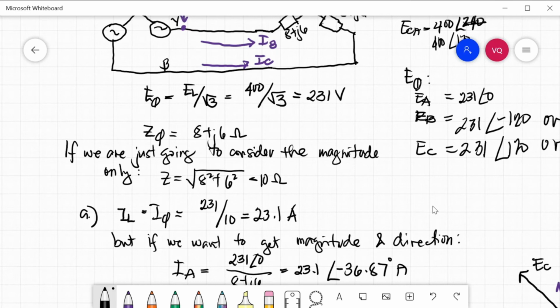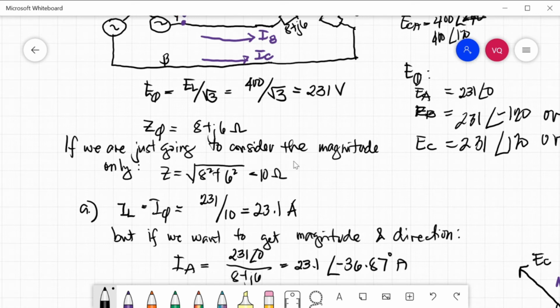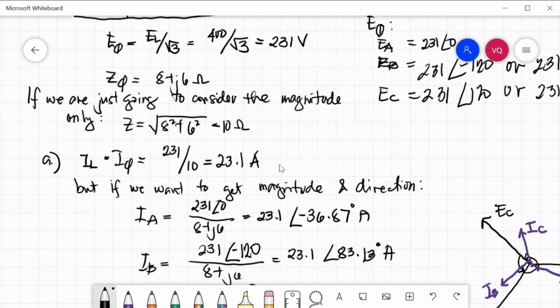Next, if we consider only the magnitude, the impedance is equal to the square root of 8 squared plus 6 squared, that is 10 ohms. So the first required in the problem is to solve for the line current. Line current is equal to the phase current, equal to 231 divided by 10, which is 23.1 amperes.